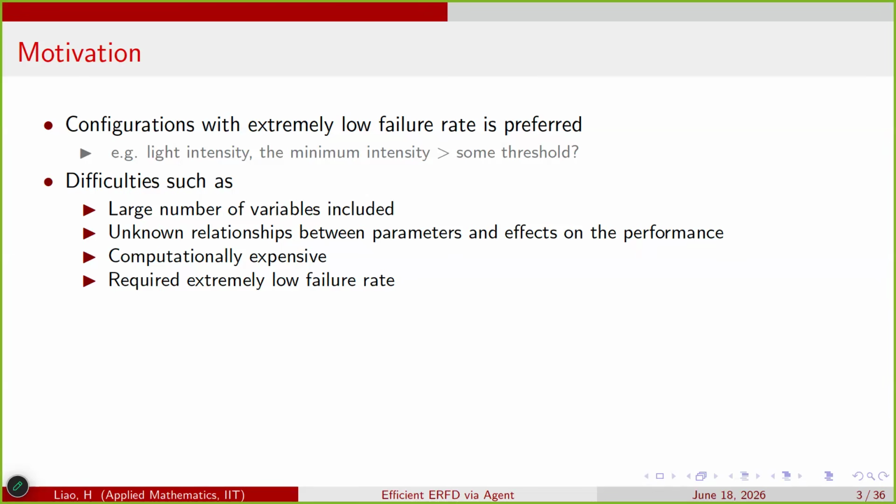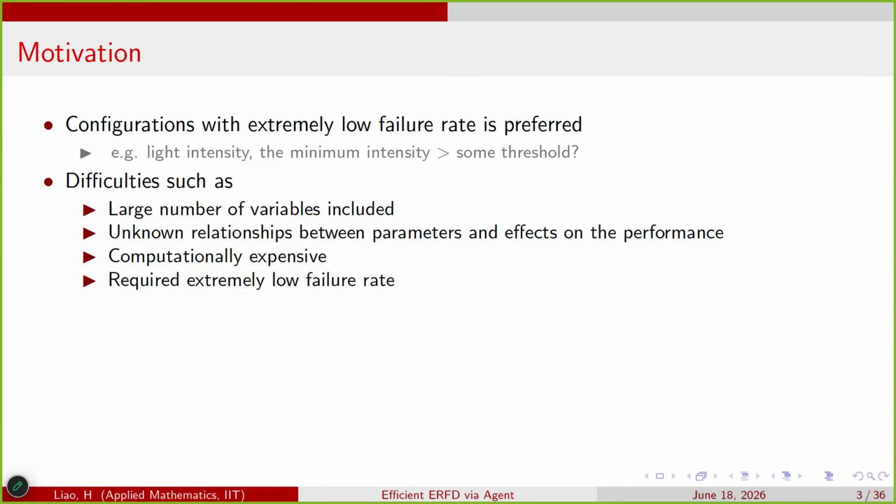Before it goes to production, you need to verify the performance before a large amount of products are sold. So it will be really hard if you come up with hundreds of designs and each of them needs some verification. It will be expensive to do that in reality. So that's the computational expense, or expense in real life.